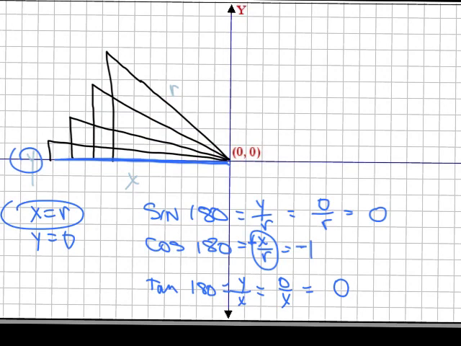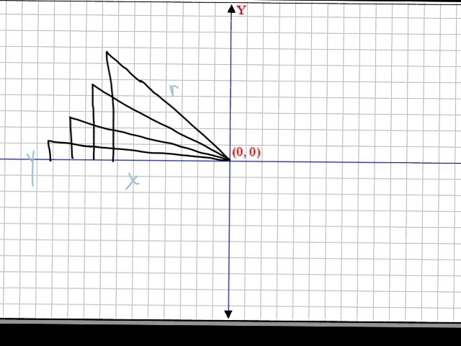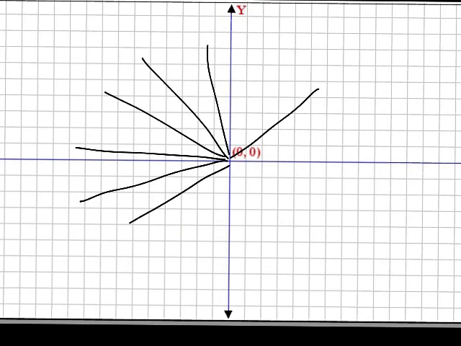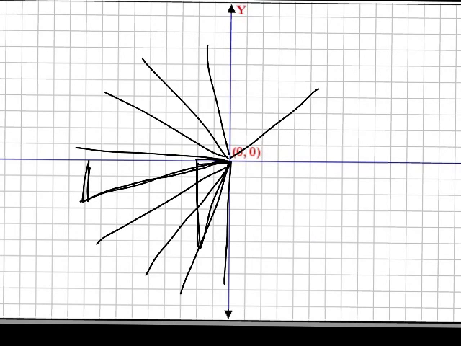Let's say we jump to 270. So let's say that we're making angles and we're going to go all the way to 270 degrees. There's 270. So let's see what happens here. We've got that triangle, and let's just see what happens as we get closer and closer to this 270.